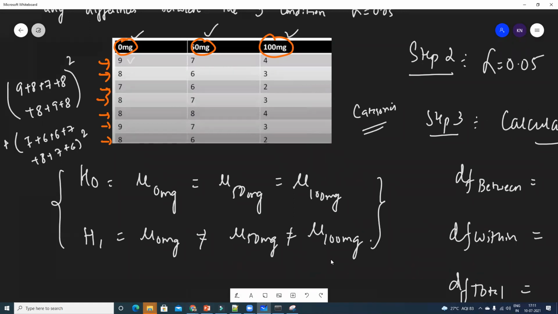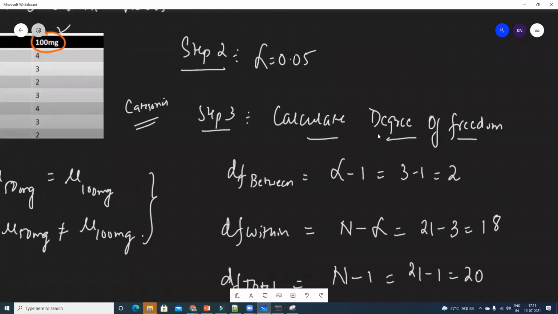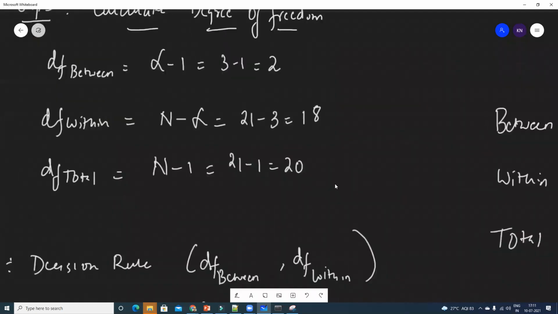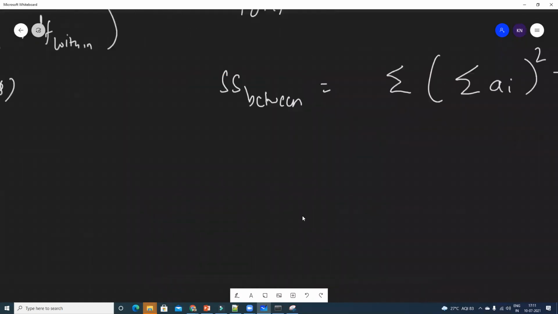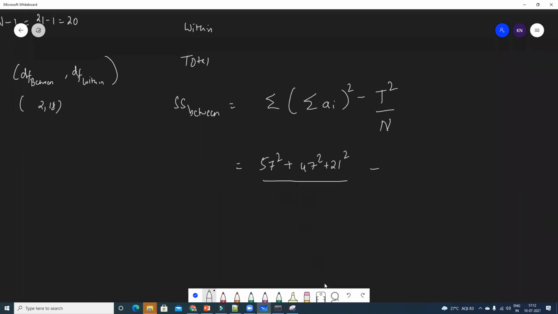So if I go and see these values now, the calculation will be something like this. 57 square plus, because I have summation here also, right? 57 square plus 47 square plus 21 square, minus, sorry, this divided will not be there.